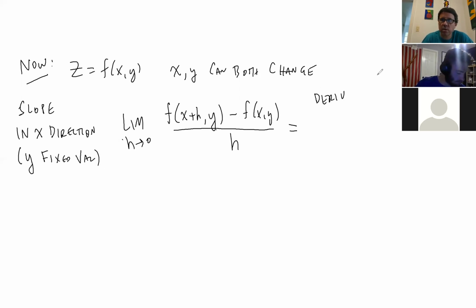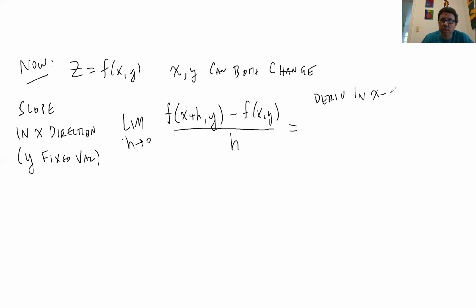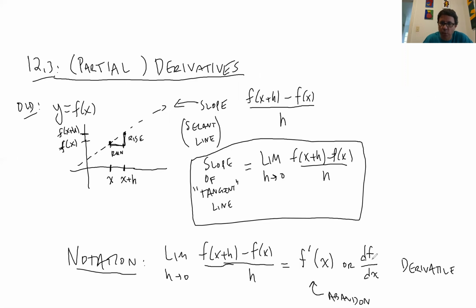And there will be multiple notations for this. First one will be, we can't use prime anymore, and so we want to go back and try and use df dx. But I can't write this because that's really particular to just the one variable case. So this is where we introduce this new notation.